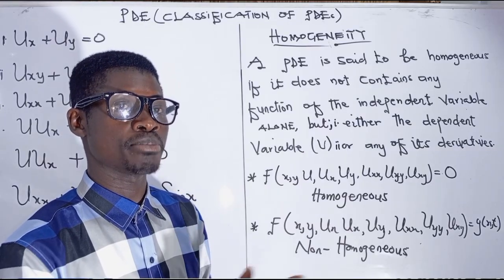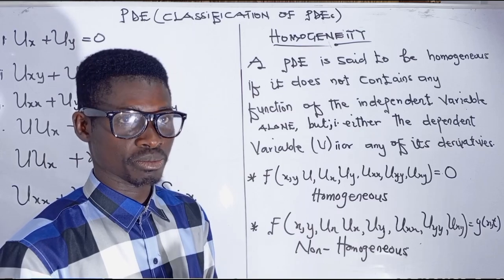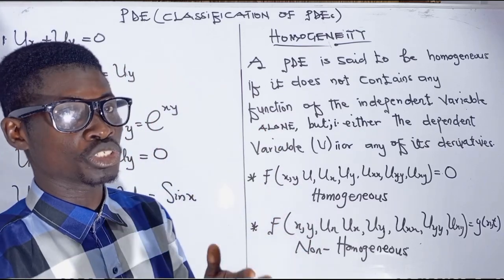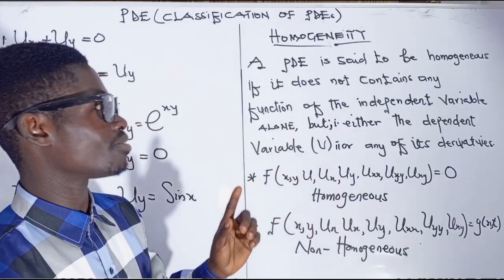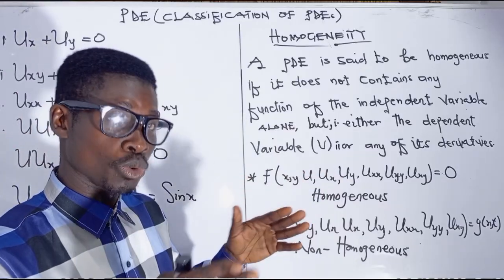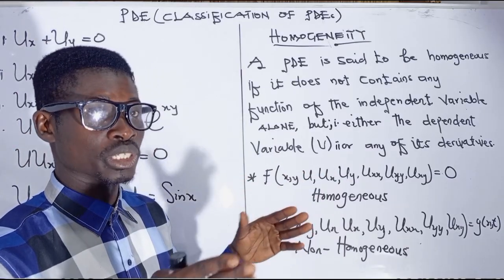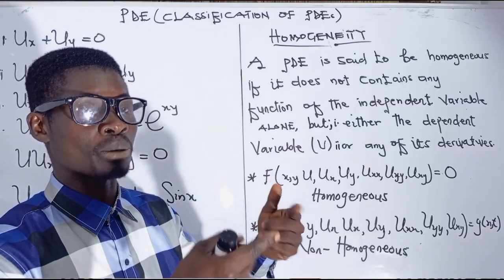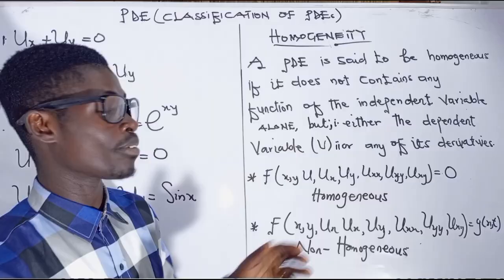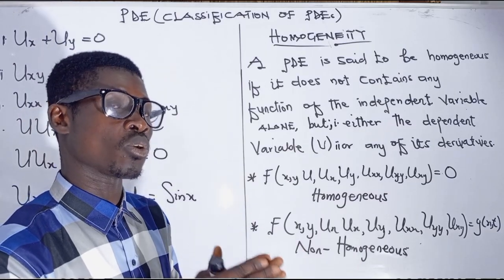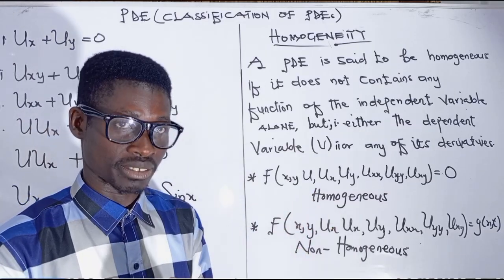When do we say that a PDE is homogeneous? A PDE is said to be homogeneous if it does not contain any function of the independent variable alone. It does not contain a function of the independent variable standing alone, but rather it contains the dependent variable u and/or any of its derivatives.